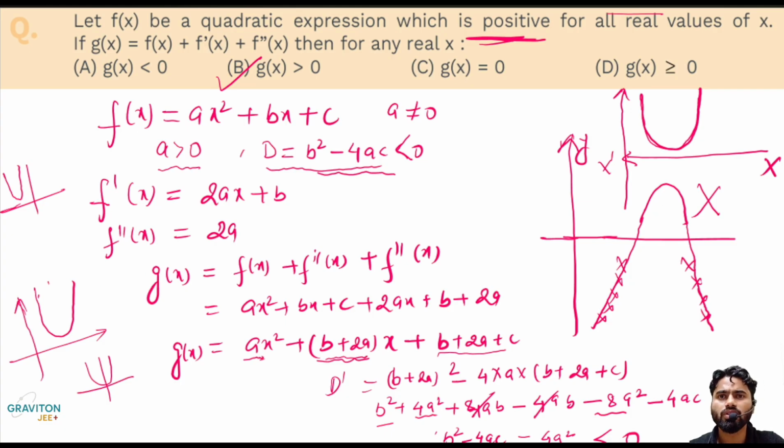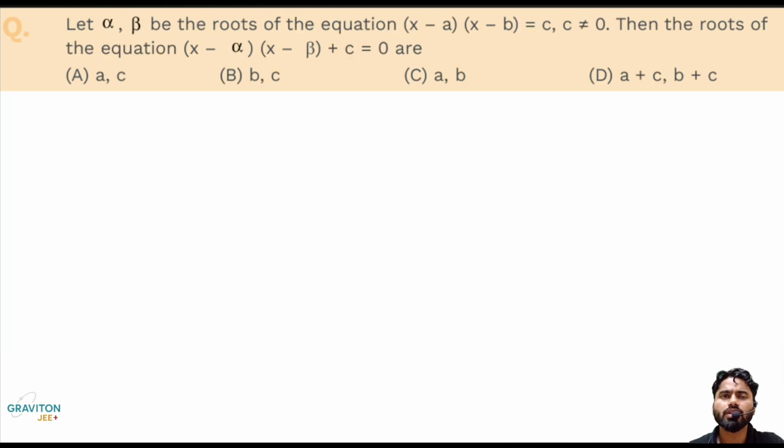Now we move to the next question. Here given alpha comma beta are the roots of the equation. Then you have to find the roots of this second equation.